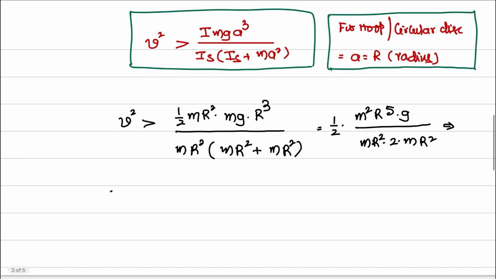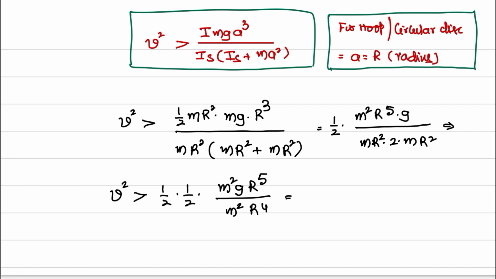That implies V square should be greater than half into m square g into r to the power of 5 divided by m square into r to the power of 4.